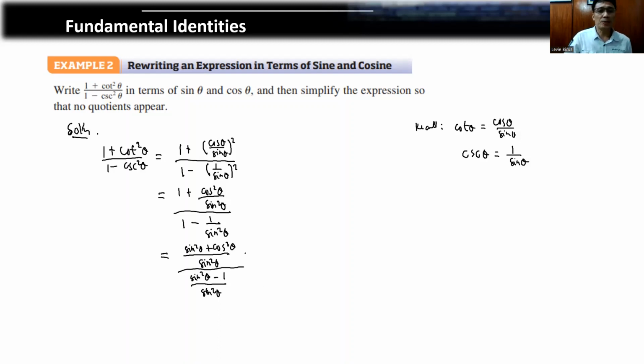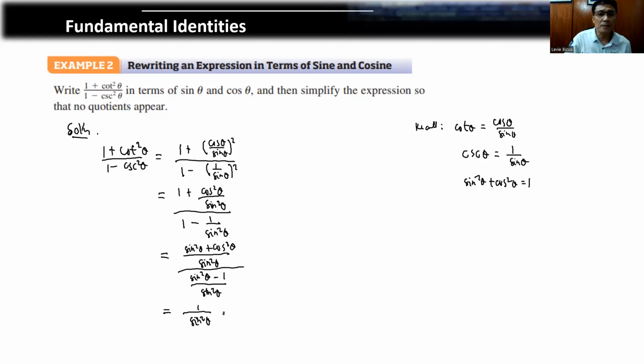If you look at sine squared theta plus cosine squared theta, there is an identity. We call that the Pythagorean identity that says sine squared theta plus cosine squared theta is equal to 1, right? So we will replace sine squared theta plus cosine squared theta with 1. Then you have 1 over sine squared theta.